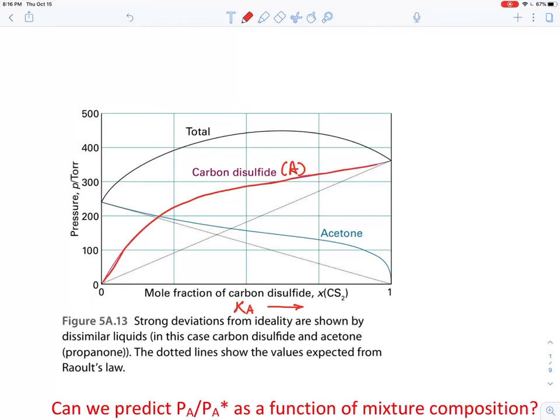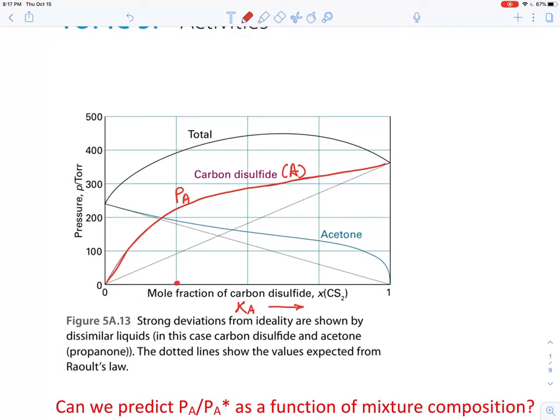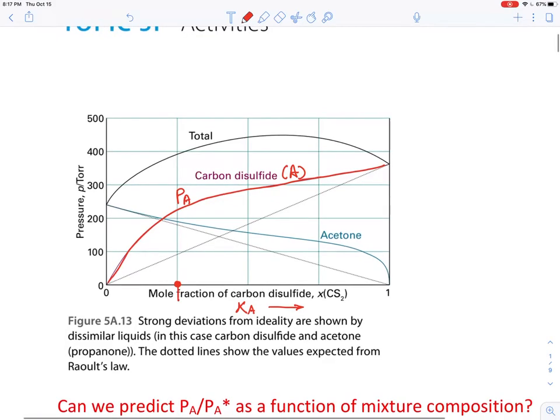Okay, so this is an experimental result, and this result is essentially the partial pressure of A. So for any composition, for example here, at a given XA composition, we can measure experimentally PA, and then that value is normalized by PA star, which is the partial pressure of carbon disulfide, compound A, at 100% pure composition. So that is the value shown up here.